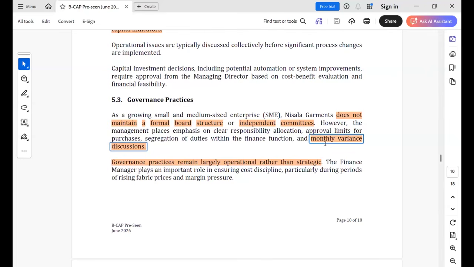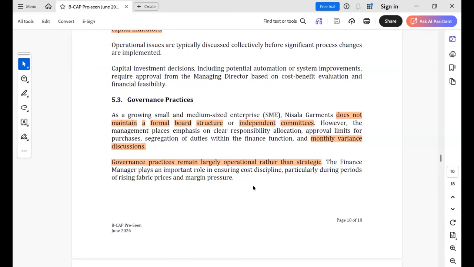So governance practices remain largely operational rather than strategic, right? The finance manager plays an important role in ensuring cost discipline, particularly during the period of rising fabric prices and margin pressure. Right. But remember, even though it's a private company, you must have good governance practices to maintain a sustainable business.